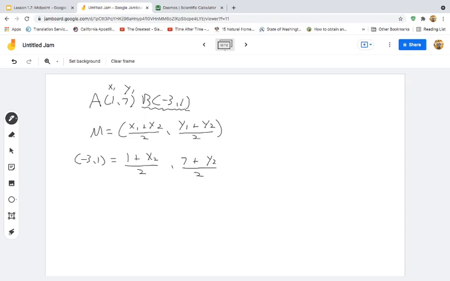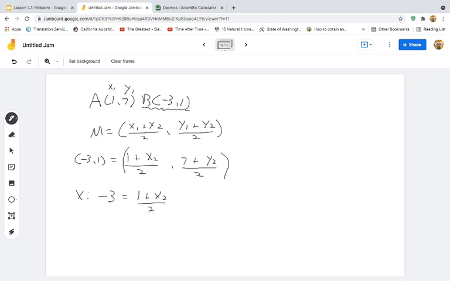Okay. Now from here we will separate the x's and the y's. So we'll draw a big X here to remind ourselves. The x component of the midpoint is going to be -3, which equals the x component over here, which is 1 plus x2 over 2.